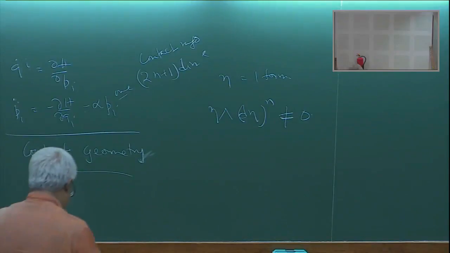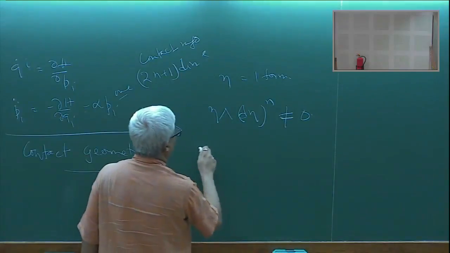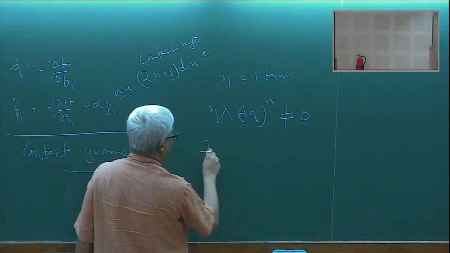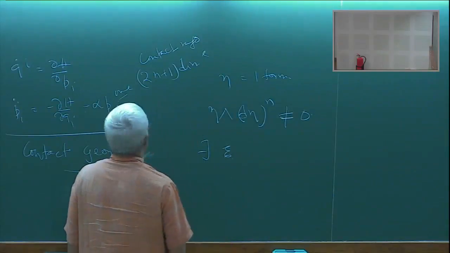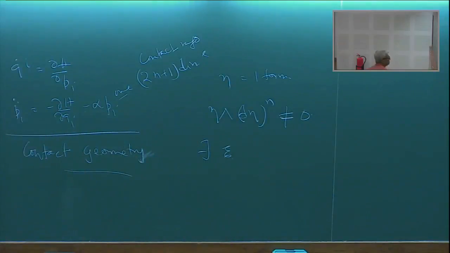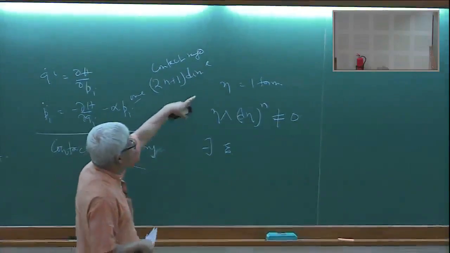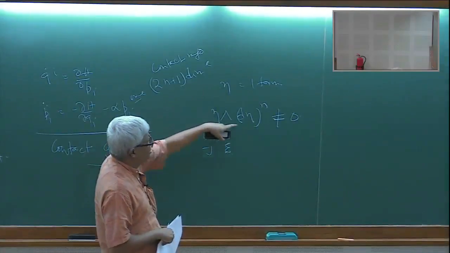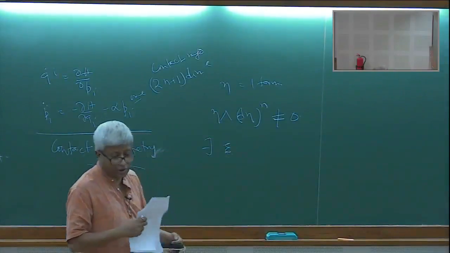This is a contact structure. So this is a one form, the contact form, and this is the total volume form.